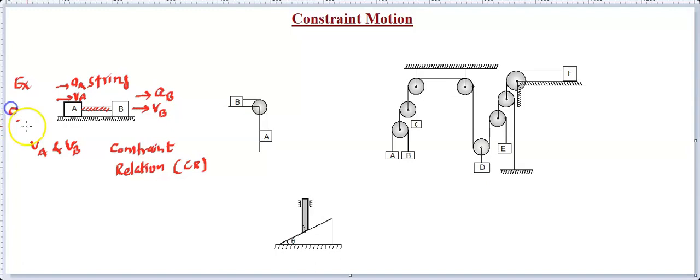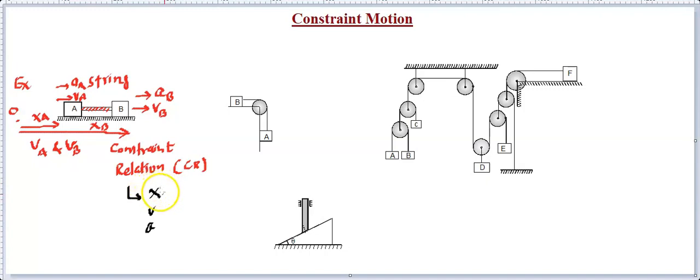Moreover, if you take the origin over here, measure this location as XA, measure this location as XB, and find the relation between XA and XB, that is also going to be known as a constraint relation. So what is a constraint relation? It's a relation between or among the position, velocity and acceleration of those particles which have a constraint motion.